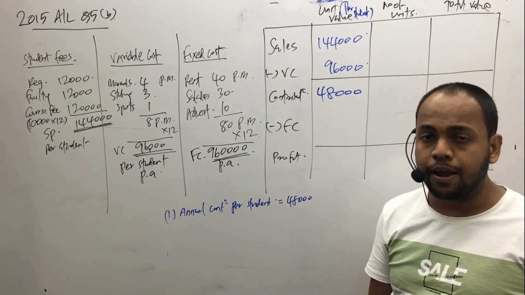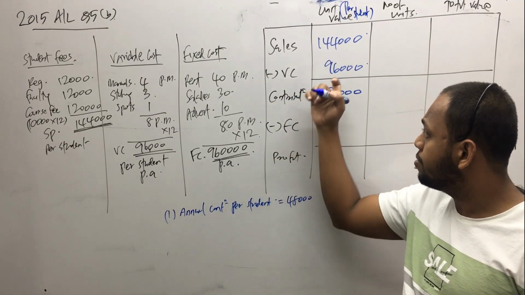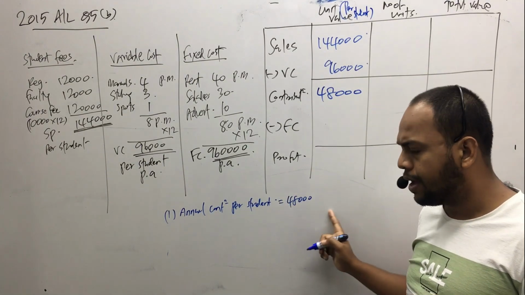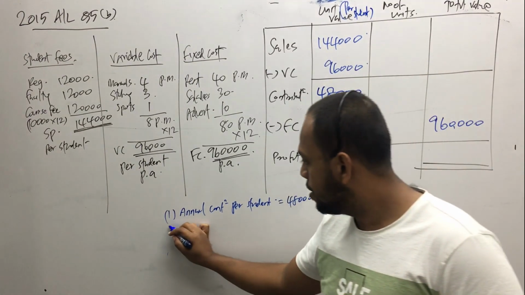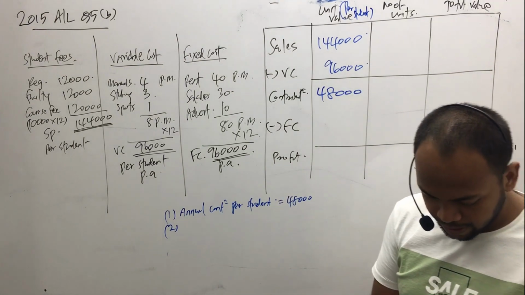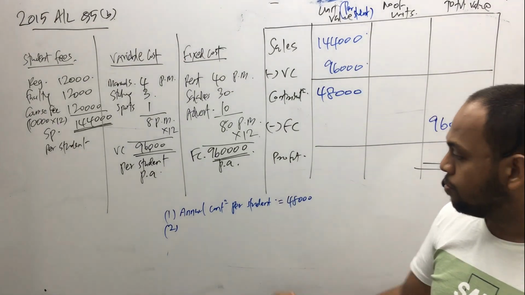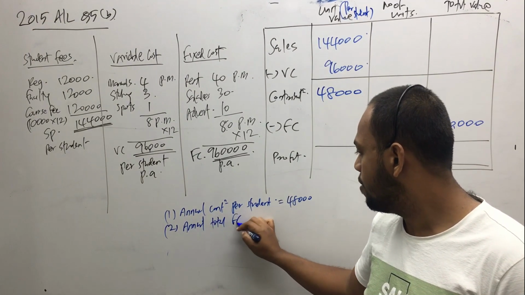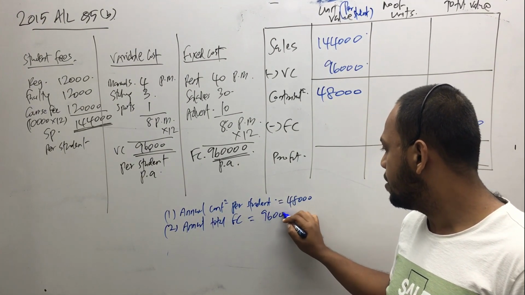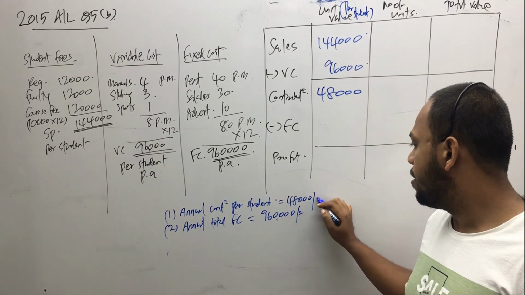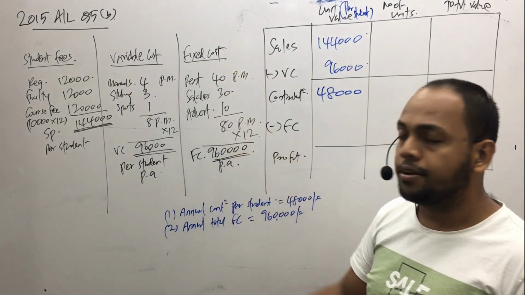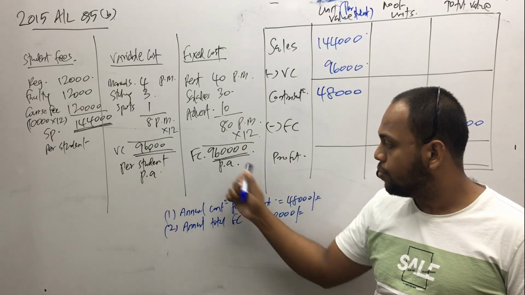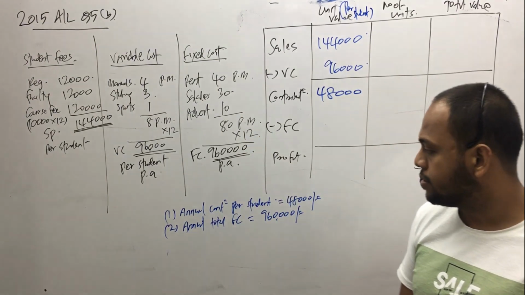Unit selling price minus unit variable cost 96,000. You can do the calculation here. Then number 2. Annual total fixed cost of the school. How much? 960,000 we have calculated. Monthly is given, multiply by 12, so you get annual fixed cost.